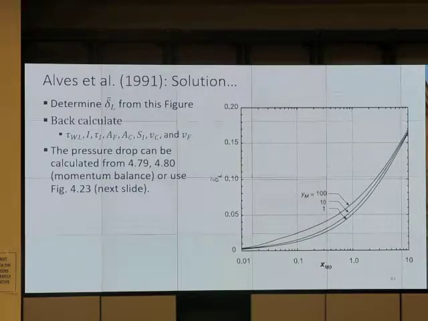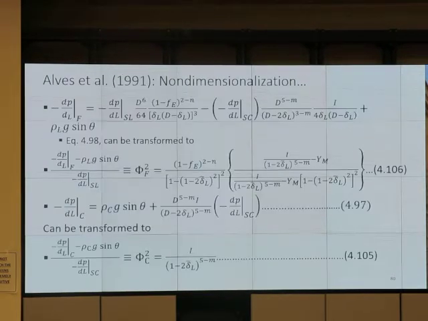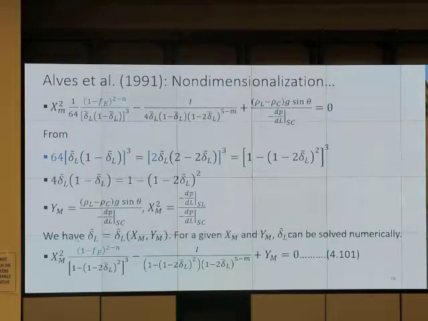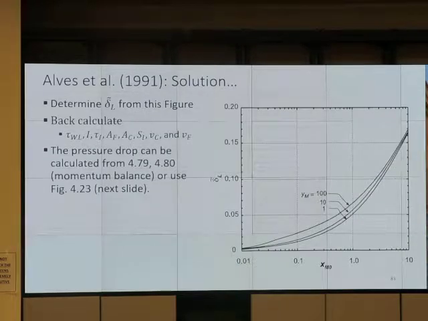Which equation? 4.101. Okay, I see 4.101. I have capital I, I have F sub M. Are you talking about this equation? You're saying that this equation can be transformed and become that graph.